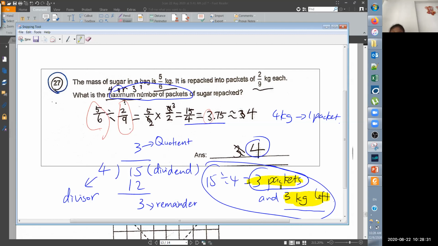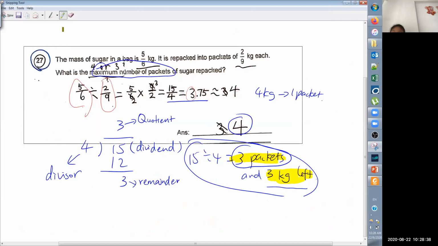So that means next time, if you ever do this kind of question, let's say you have 16 kilogram of stuff, and you pack it into 5 kilogram per pack. What is the maximum number of packets?